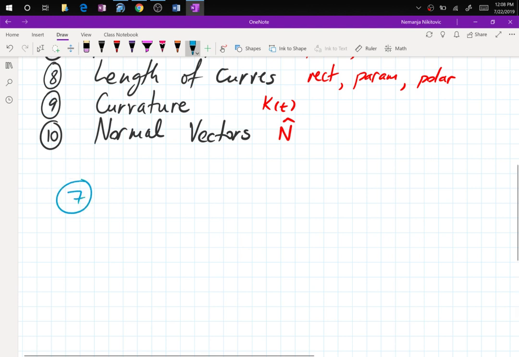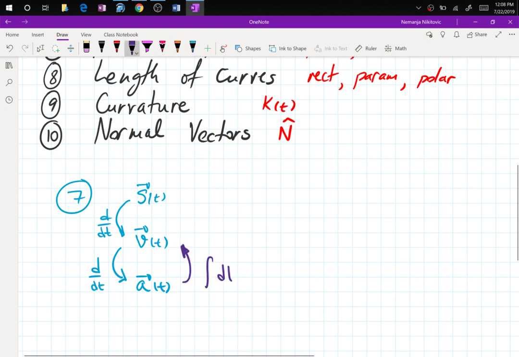Clarification on 7. So if you have S of t, which is a vector, and then you have a V of t, which is a vector, and then A of t, which is a vector. So you differentiate, d dt, to go down, and you integrate to go up.